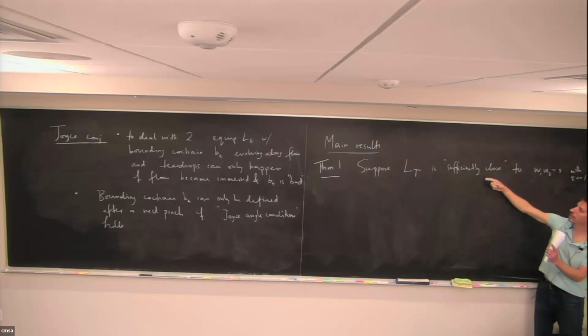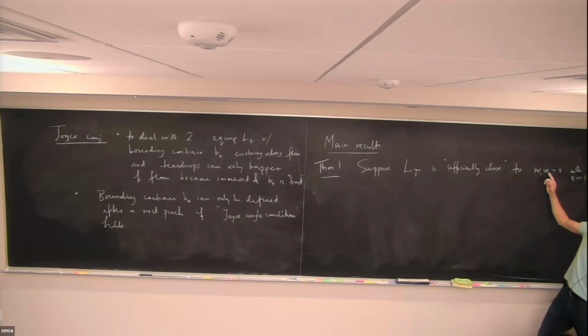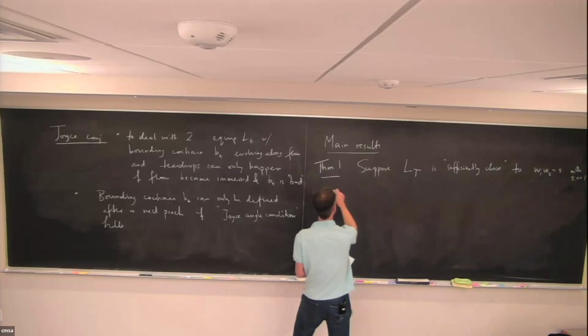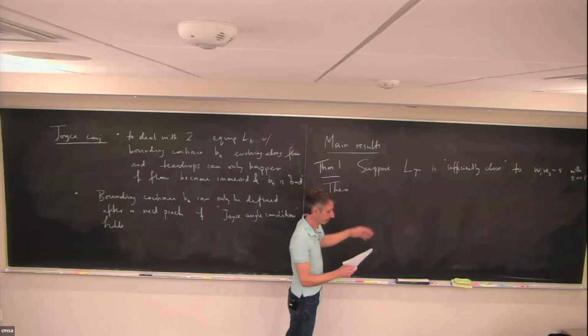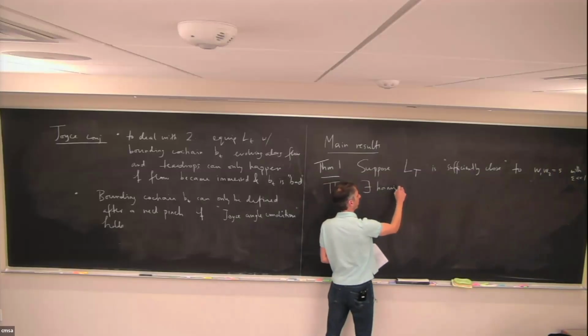What you should imagine is that, after rescaling and making everything very big, this time slice has a huge piece which looks basically like this hypersurface. Then the conclusion is that there exists some small perturbation of this L_t, a small Hamiltonian perturbation.